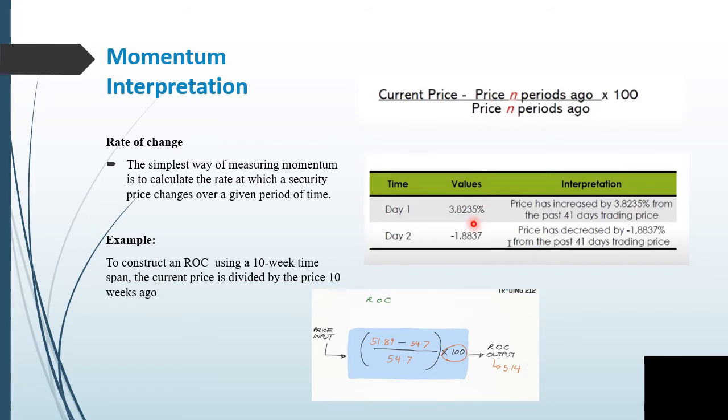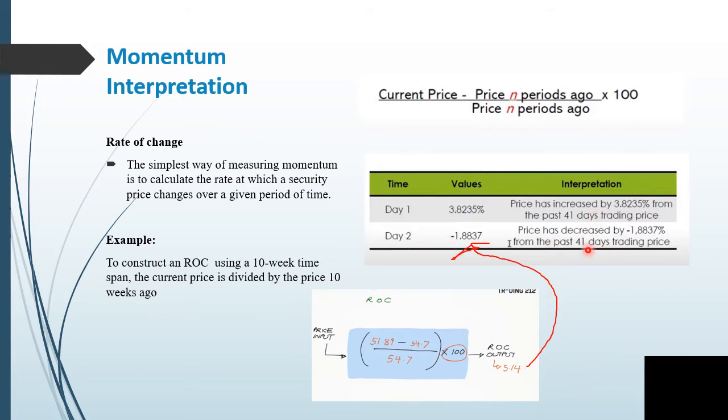So for example here, day 1 we have the value 3.82%, and day 2 we have negative 1.88%. This is from the ROC output. For example, here we have 5.14%. So here the interpretation is that the price has increased by 3.82% from the past 41 days trading price, if it takes 41 days.